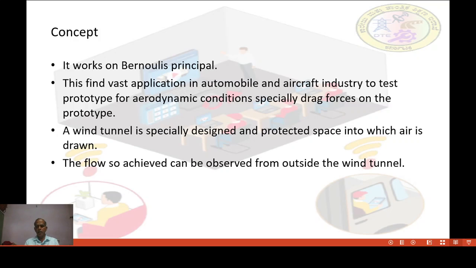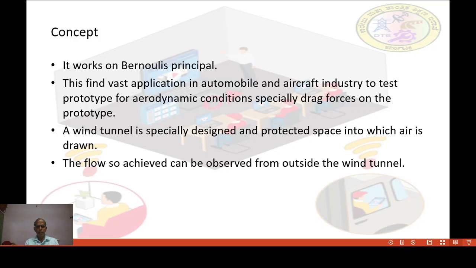Tunnels are designed for specific purposes. For schools, labs and university colleges, they are generally between 2 meters to 12 meters long. The wind tunnels in the automobile industry are large enough to accommodate a whole car in the test section.